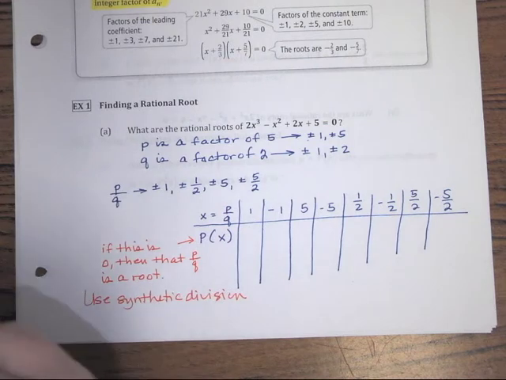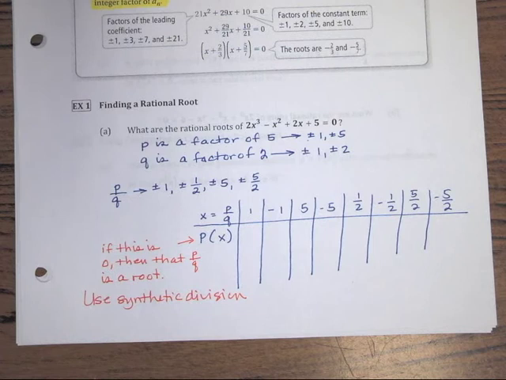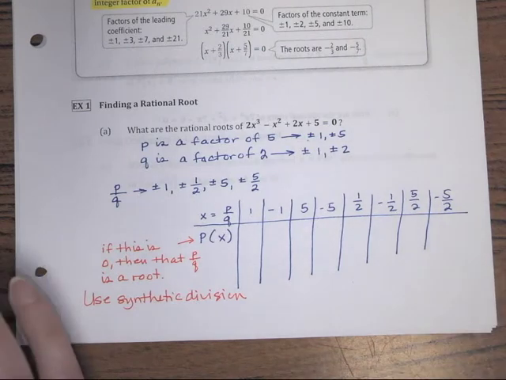And I will tell you, on problems 9 through 17 is where you have to do this. I want you to use the synthetic division process to do this, okay? I'll do one on the next page with the synthetic division process, but I'll show you also on your calculator so you know how this would work.